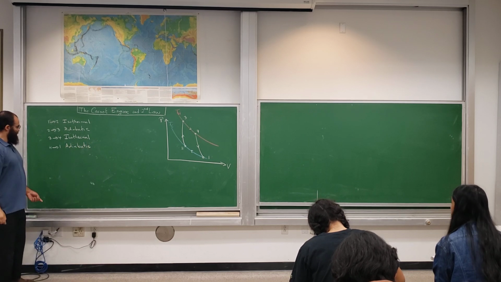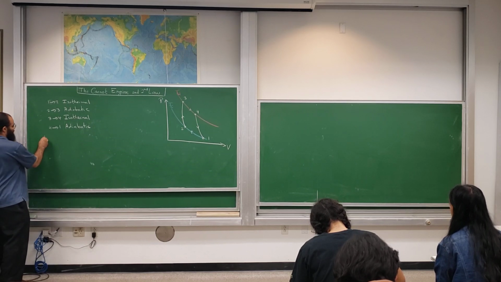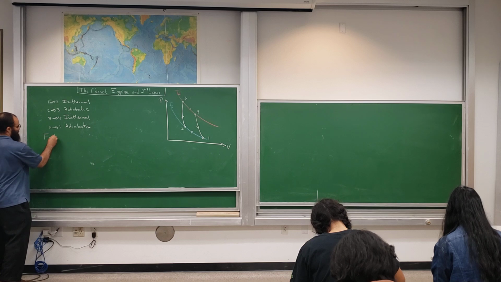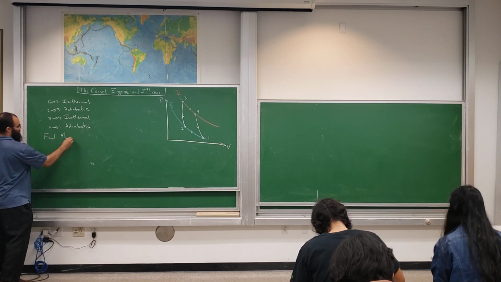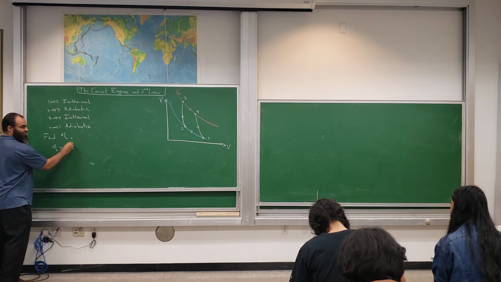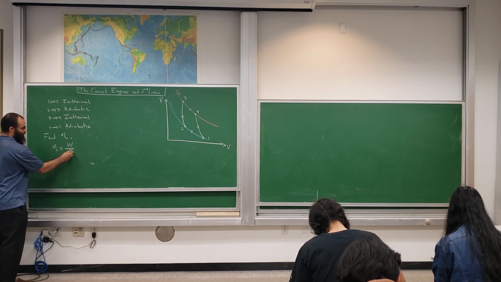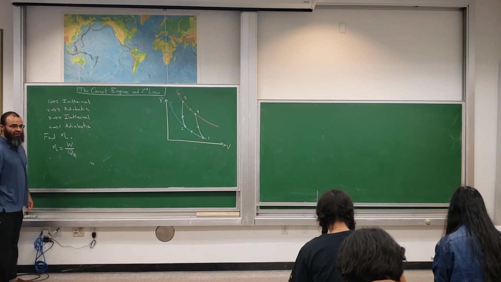Okay? So these are the 4 points. And the question is find eta. Now remember, eta, the efficiency, is the work done by the engine, what you get, versus what you pay for, which is the heat that enters into the cycle.